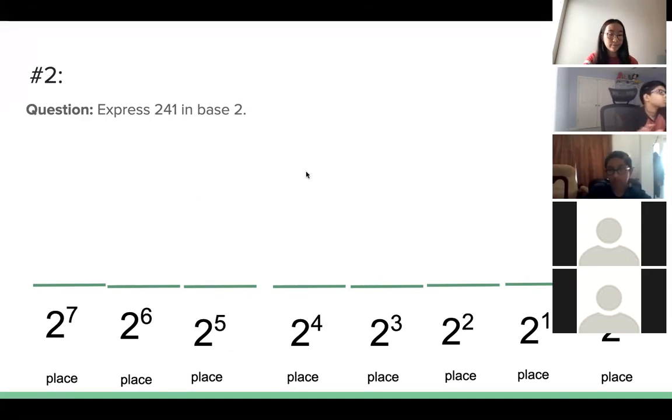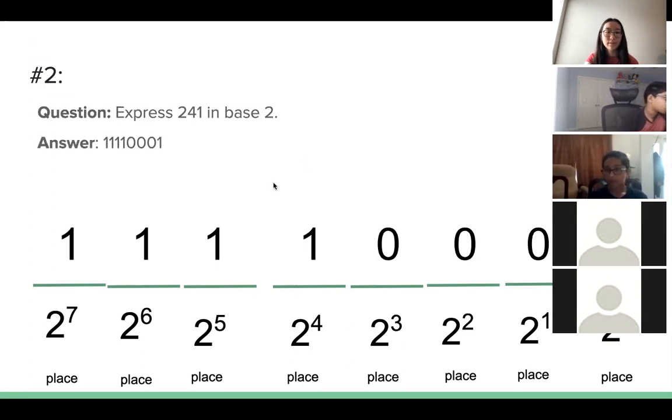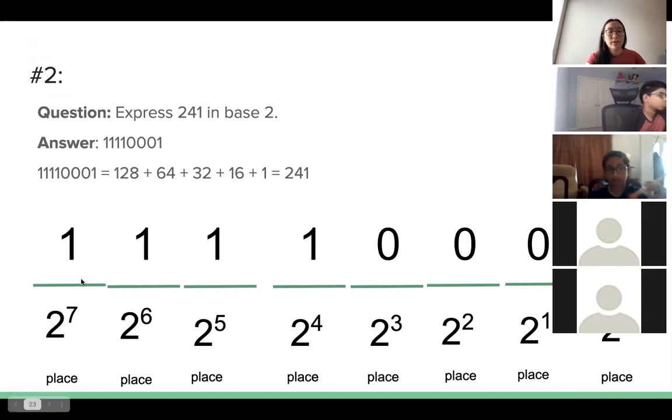Okay, so this one was trickier, but you did get it right, Sanjay, so good job. That is the right answer, 11110001. So the largest place value that we're going to have here is 2 to the 7th, or 128.